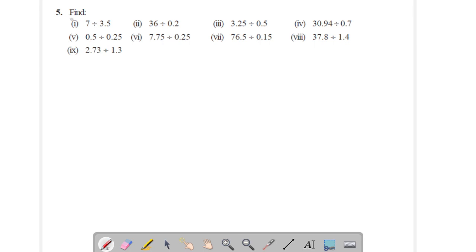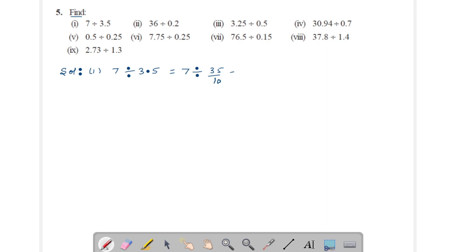Now come to question number 5. Find. See the solution. First part: 7 divided by 3.5. This can be written as 7 divided by, here remove the decimal, it can be written as 35 upon 10.